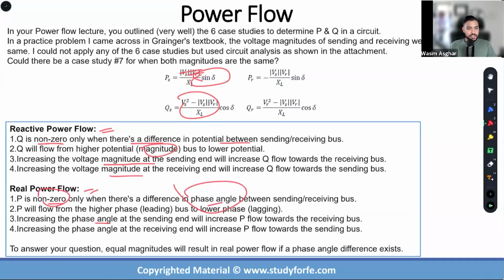So increasing the phase angle at the sending end, so this is my sending end, power is going to flow from here to the receiving end. If I increase the phase angle of the receiving end, power is going to flow from the receiving end to the sending end. And to answer your question, equal magnitudes will result in real power flow if a phase angle difference exists. As far as the reactive is concerned, as we established, reactive is going to be a big fat zero.